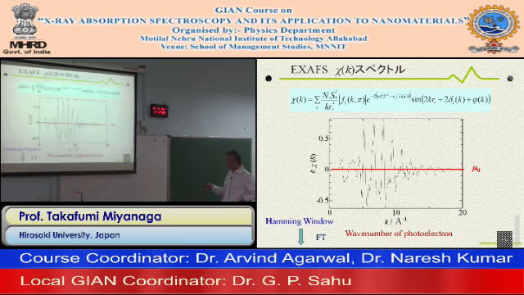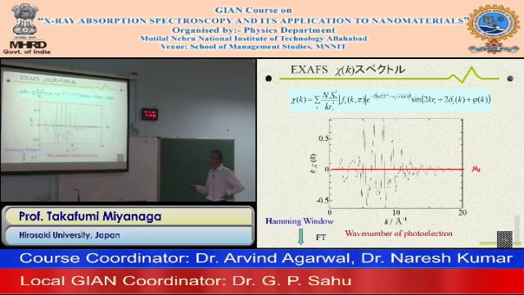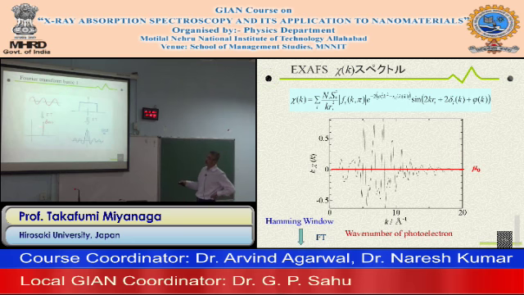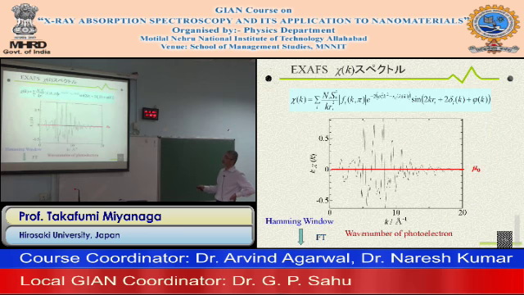This sinusoidal function should be changed to the radial distribution function by Fourier transform. The sinusoidal function becomes delta functions, and our data is limited from 0 to sometimes 20 or 15, depending on the system.